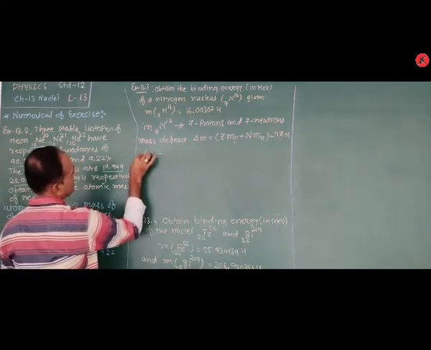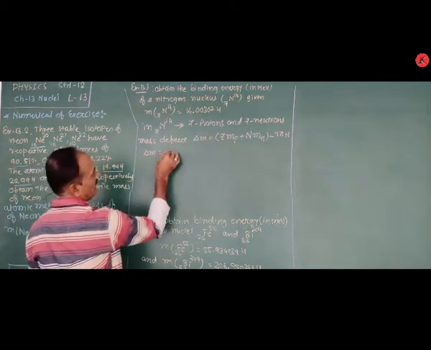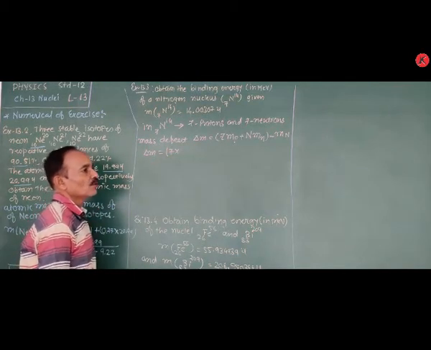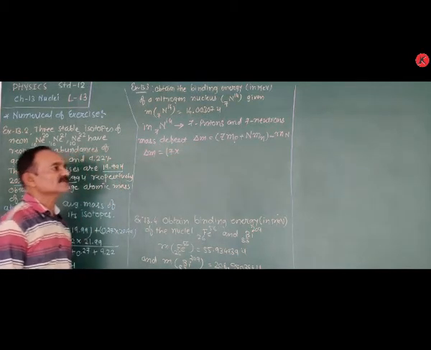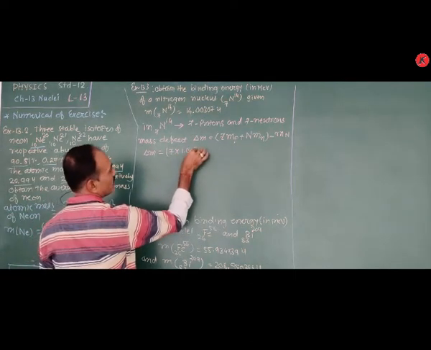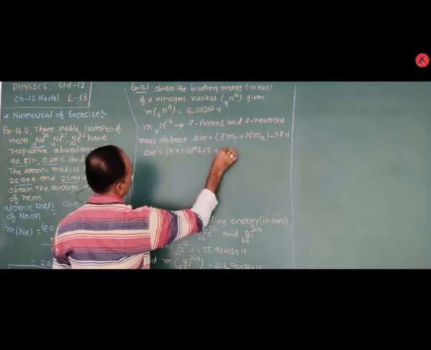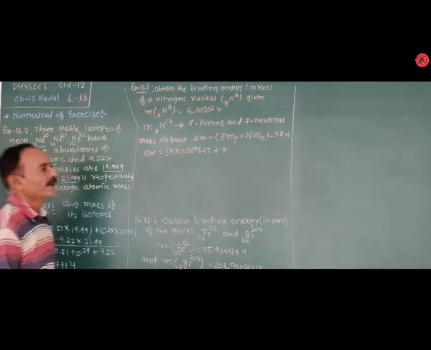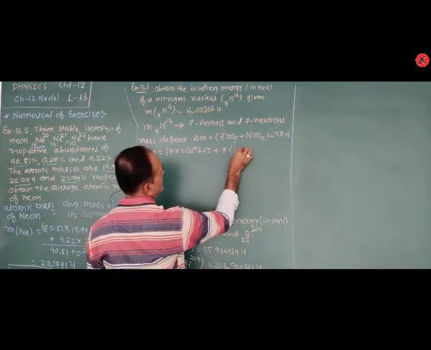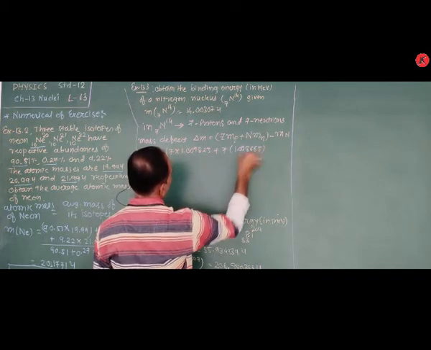So the mass defect delta M is equal to Z. The number of protons is 7. The mass of one proton, we already know, is 1.007825, plus 7 neutrons, and the mass of one neutron is 1.008665.